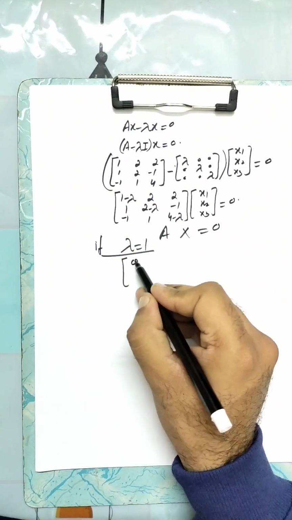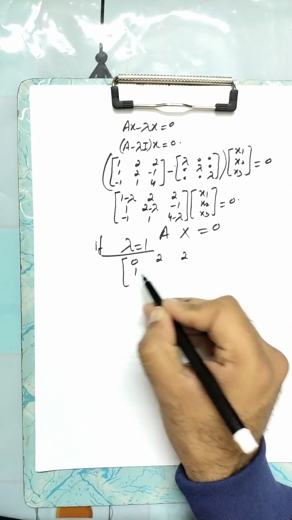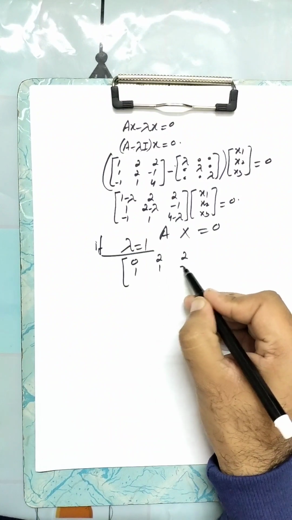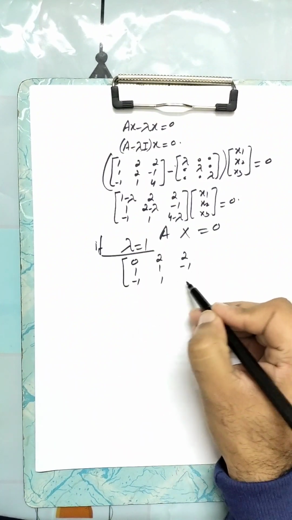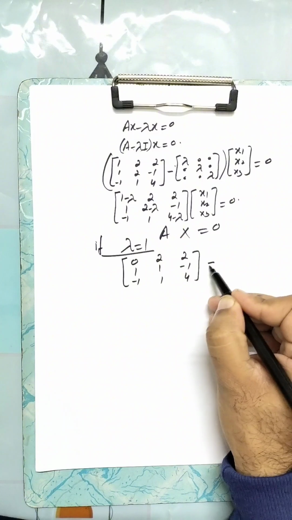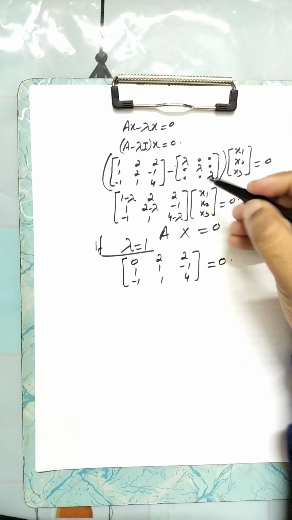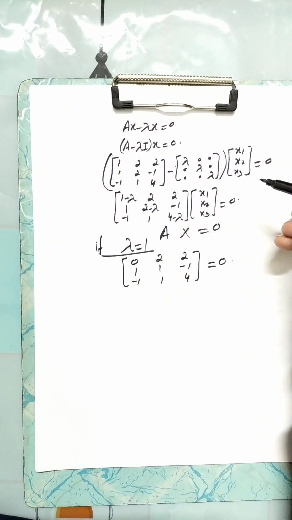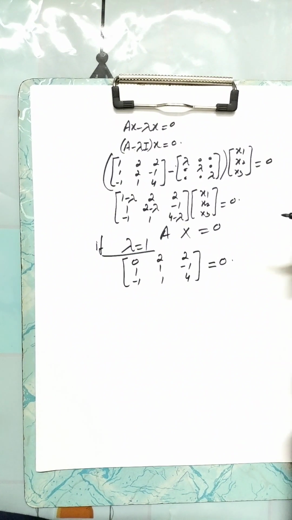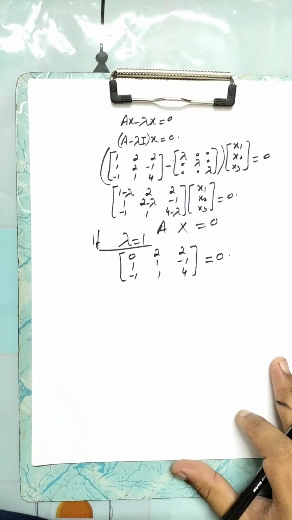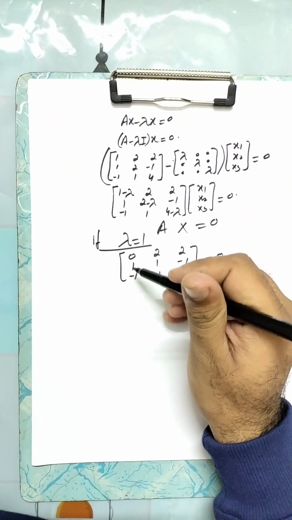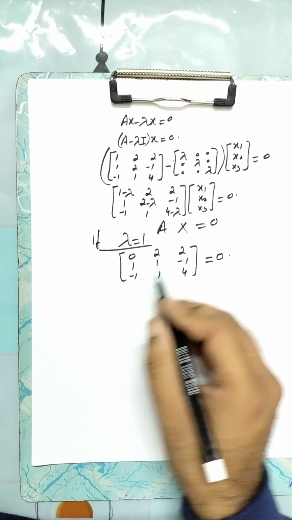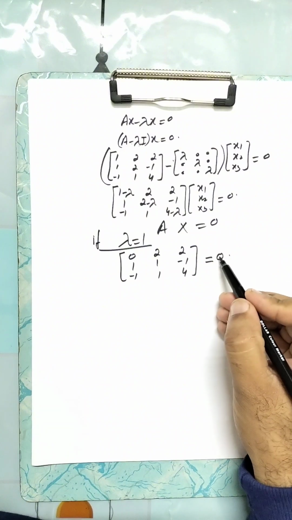This becomes 0 2 2, 1 2 minus 1... actually 1 1 minus 1... The matrix is 0 2 2, 1 2 minus 1, minus 1 1 4, times x1, x2, x3 equal to 0. If we put x1, x2, x3 equal to 0, this becomes the trivial solution. But we are always interested in a non-trivial solution. So reduce this into row echelon form by using row operations.